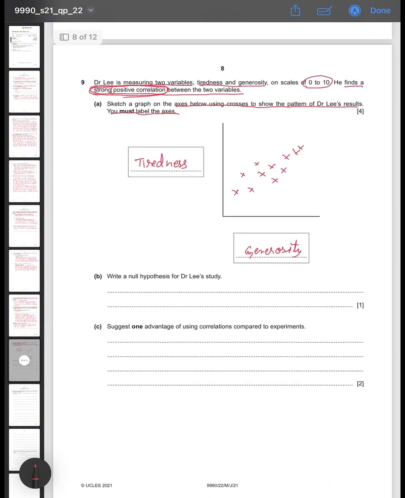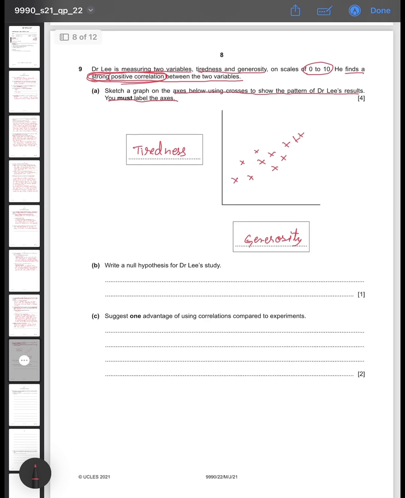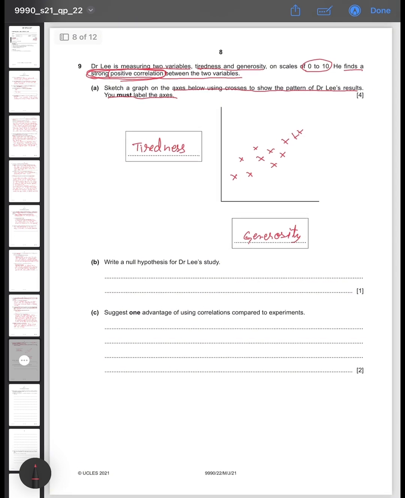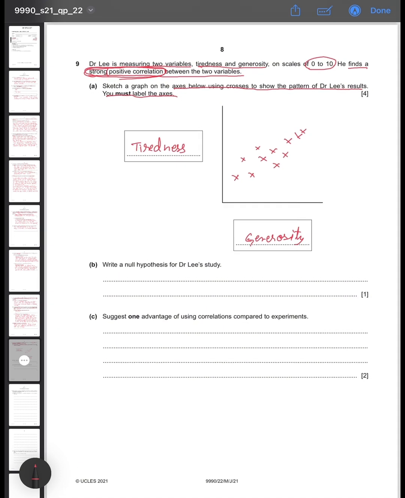So you can make something like this. There should be a line of best fit, so you can make a line of best fit like this, and the crosses are close to each other.